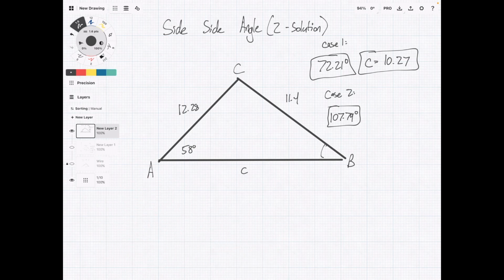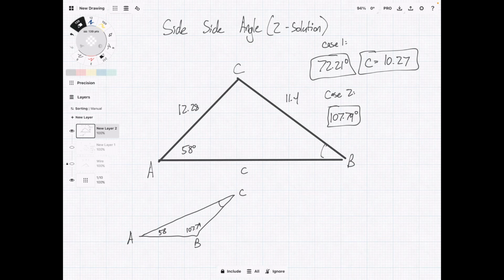When we draw this one out, the shape of the triangle is just going to look a little different to accommodate the angle value that we calculated. So this is still going to be 58. This value is going to be 107.79. And we need to find C. This value is 12.8 still, and this value is 11.4.